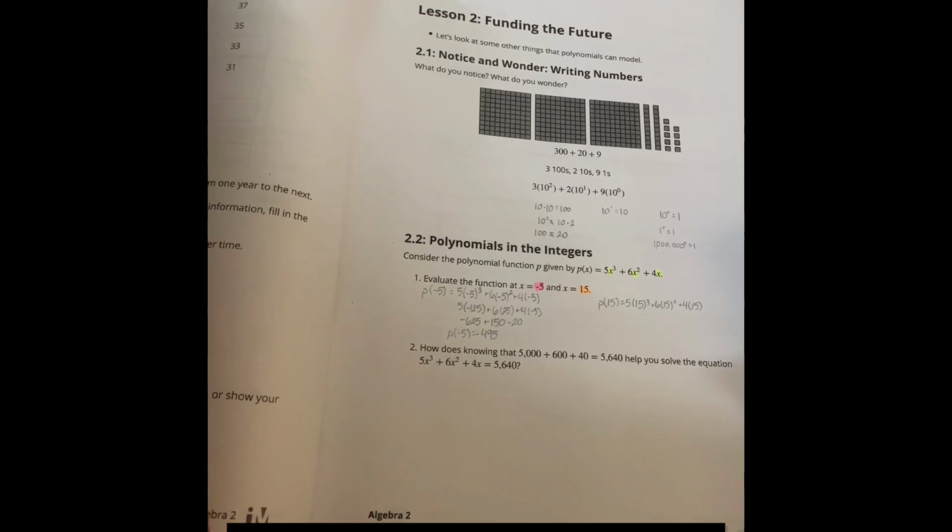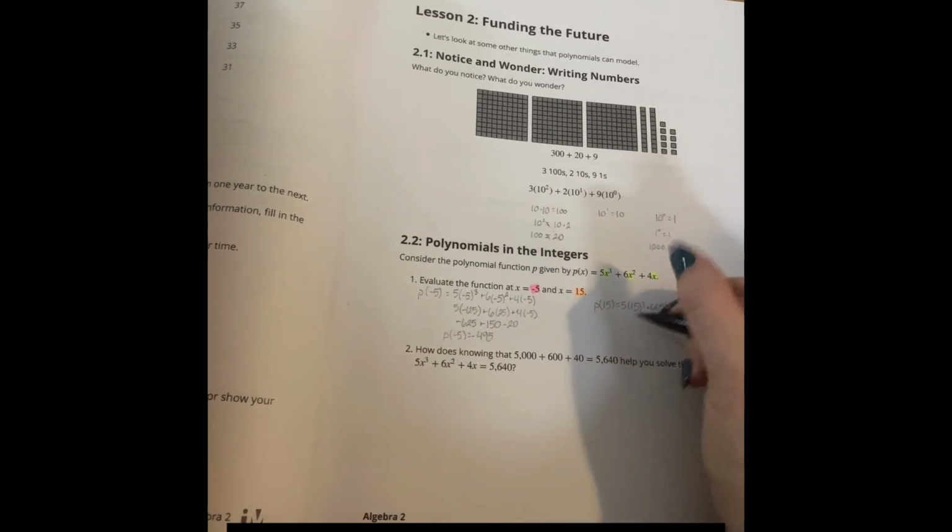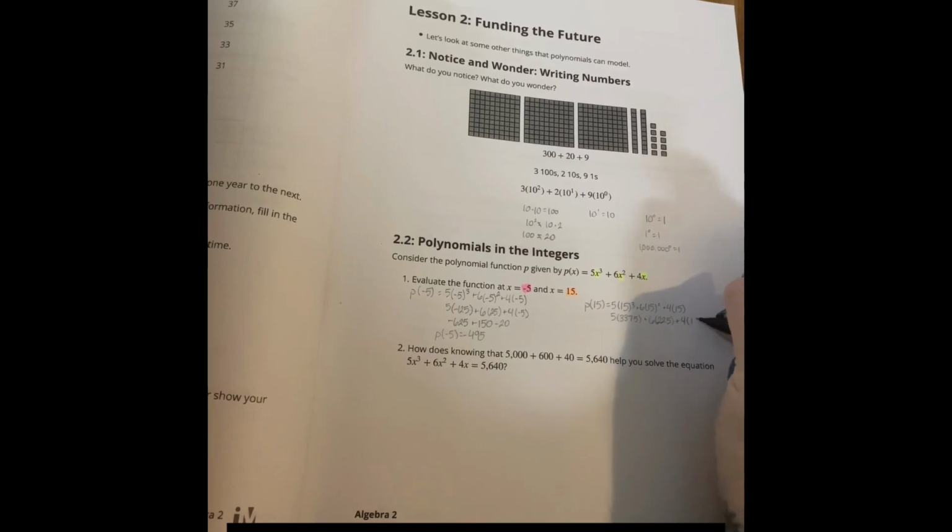So 15 to the 3rd power is 3,375. 15 squared is 225. And again, I'm going to leave that 15 in the parentheses just for the sake of being consistent.